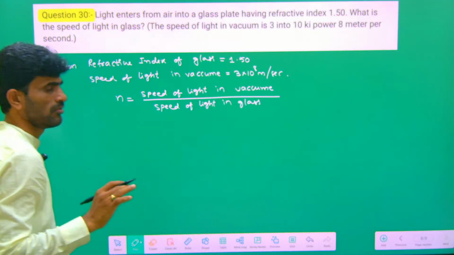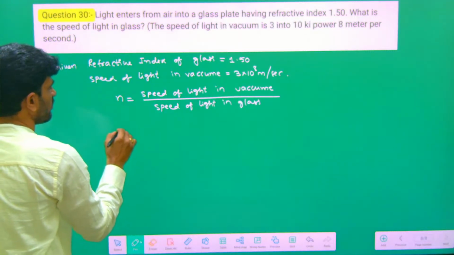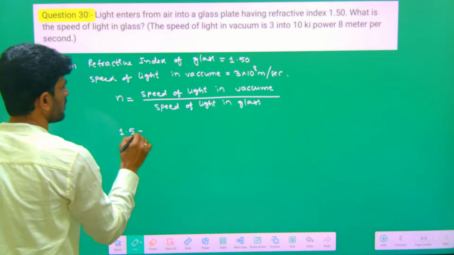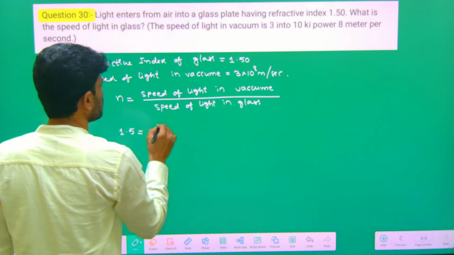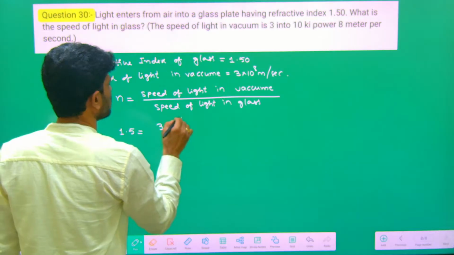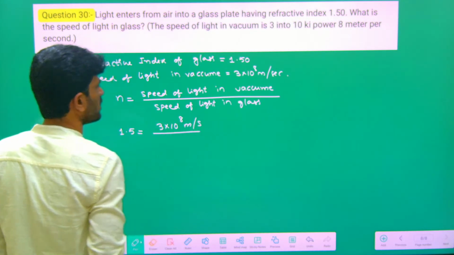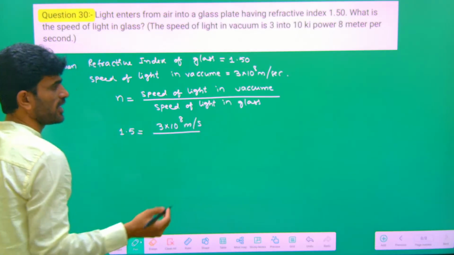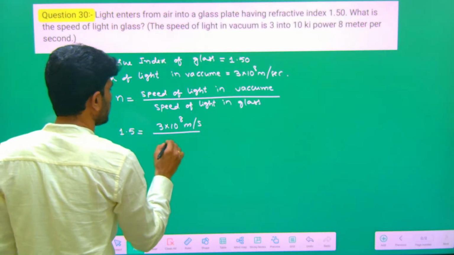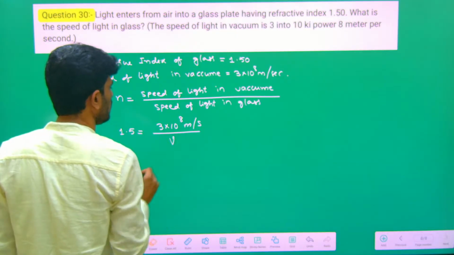This is the formula. So n value is given, 1.50. So 1.5 is equal to 3 into 10 to the power of 8 meters per second by the speed of the light in glass, which we don't know. So let us write this as V.